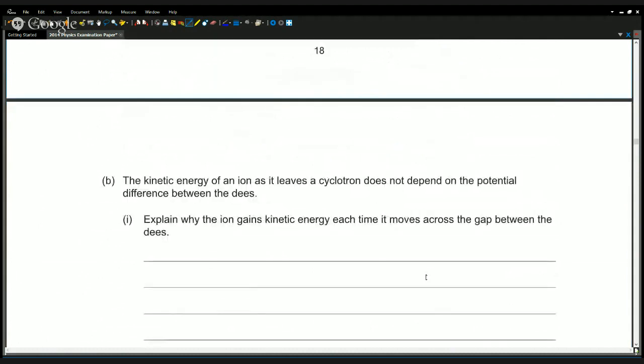The kinetic energy of an ion as it leaves a cyclotron does not depend on the potential difference between the Ds. Explain why the ion gains kinetic energy every time it moves across the gap between the Ds. Now the Ds have an alternating E field.